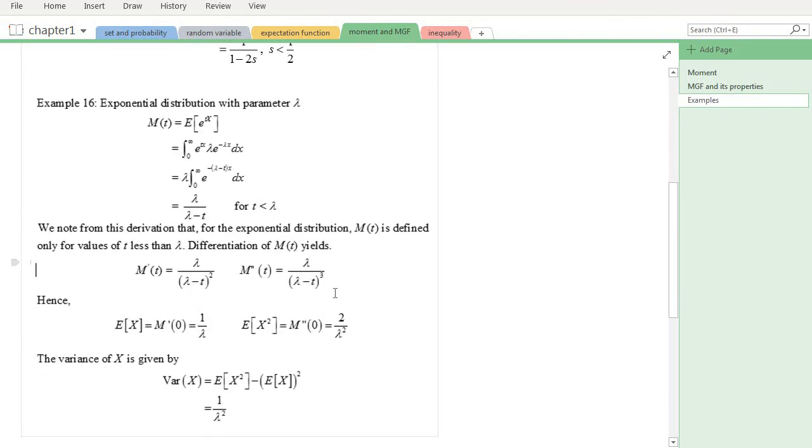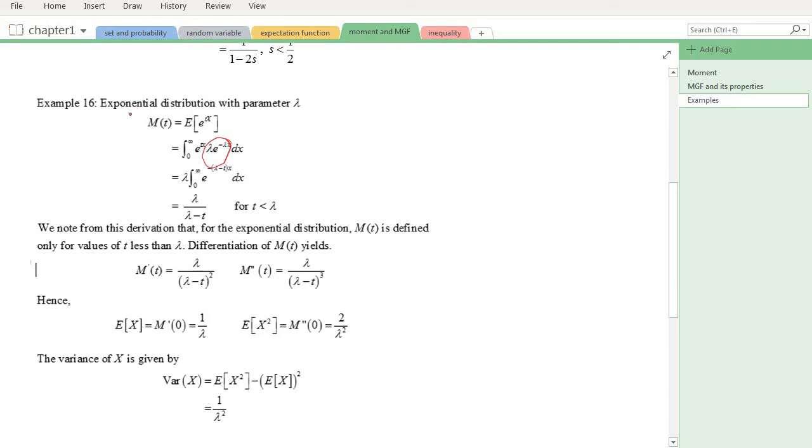And then another example: exponential distribution with parameter lambda. So using the moment generating function, this is a standard formula for MGF. If your fx takes the exponential function, in another chapter we will learn what is meant by different types of random variables.